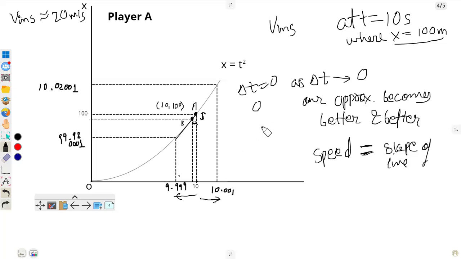So let us use our brains now. As we get delta t to zero, we are finding the slope between point A and B. Let me zoom in.